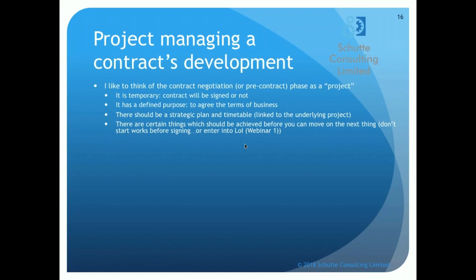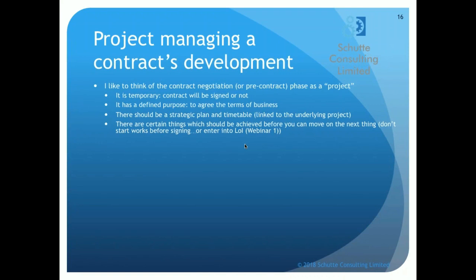And that links into not just handing over a proposed contract to advisors or to somebody to have a quick look at the end. You need a proper strategic plan running up to contract signing. There's also a few things in the contract negotiation phase which you need to achieve before you can move on to the next thing. We talked in webinar 1 about the risks of starting work before signing a contract.